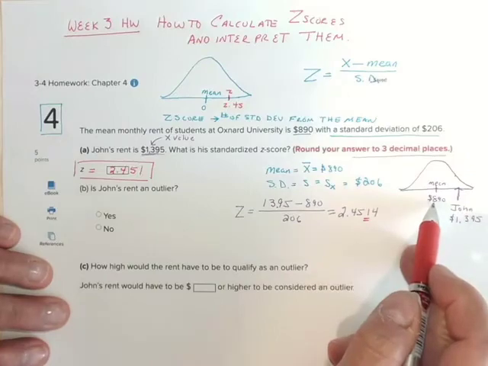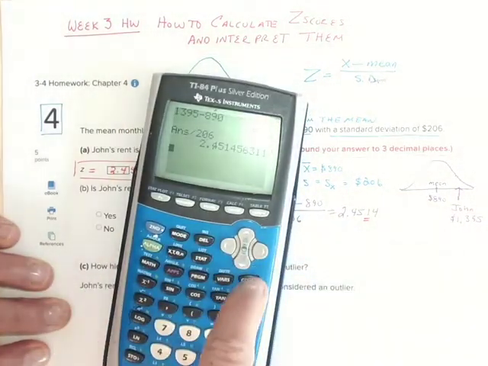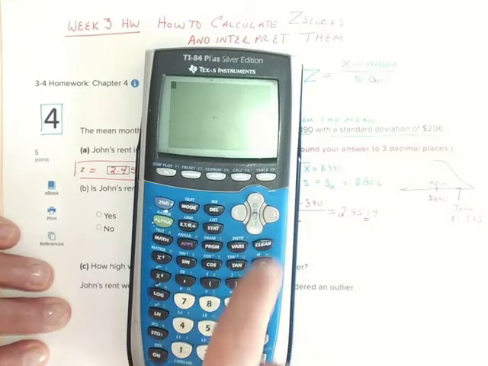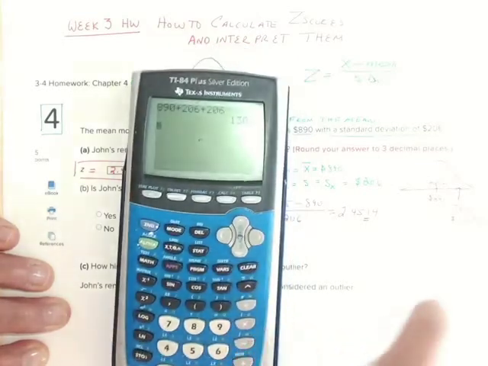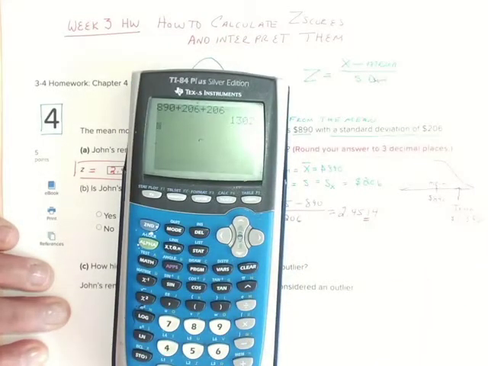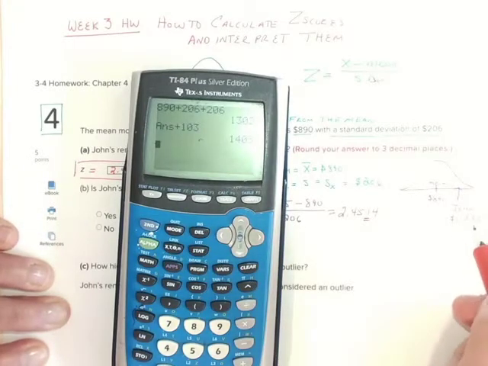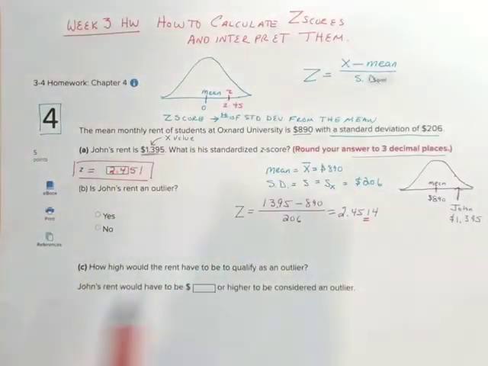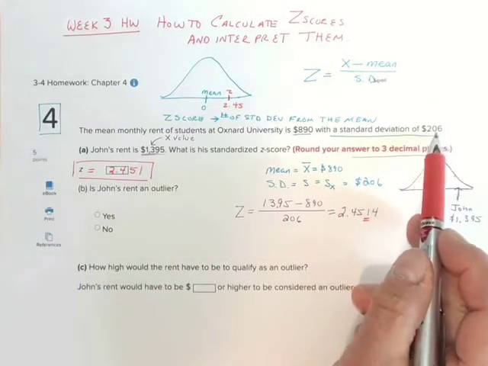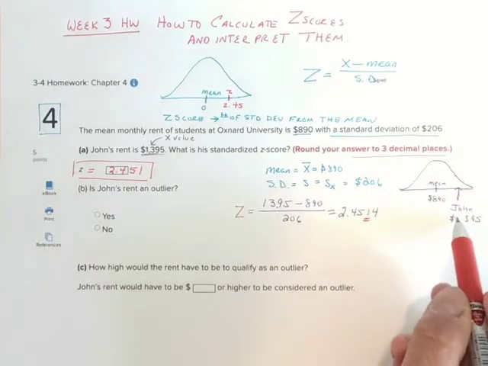If I take 890 and the standard deviation is 206, plus 206, that's 2 standard deviations. That's 1302. And adding another half, plus 103. So that's what it means: there are about 2.5 standard deviations between this value and the mean.